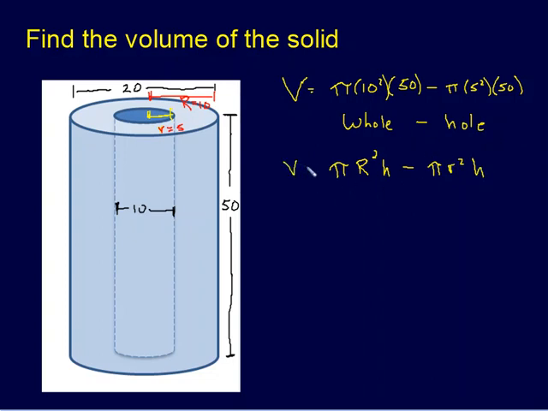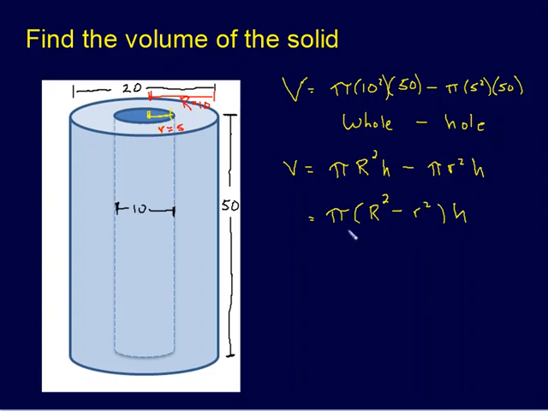Now this is easy enough to follow along as it is, but for the purposes of what we're going to use this for today, I like to write this one more way, and that is to factor out the two parts that are common to both. Now you'll see why in a little bit, but for now I'm going to factor the pi to the front end and the height to this end, and then that leaves in the middle the quantity big radius squared minus small radius squared.